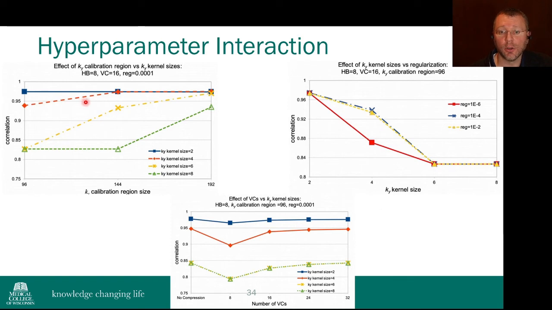But when you go to larger kernels, you have more unknowns in that kernel that you're solving, and you end up needing those larger calibration regions to fit that. Similarly, with fewer parameters that you're trying to fit in those smaller kernels, you can get away with less regularization with it. And you can also get away with a fewer number of virtual coils to get some good results.